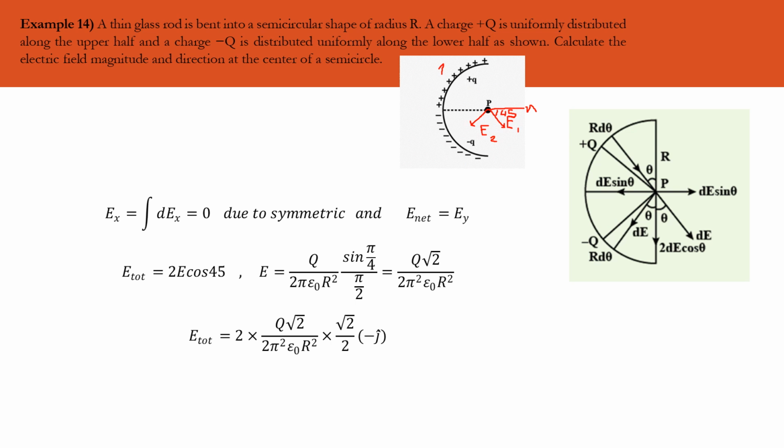Here we have sine of half phi, that means pi over 4. Therefore, we get this number. This value is the same as E1, and it is also equal to E2.